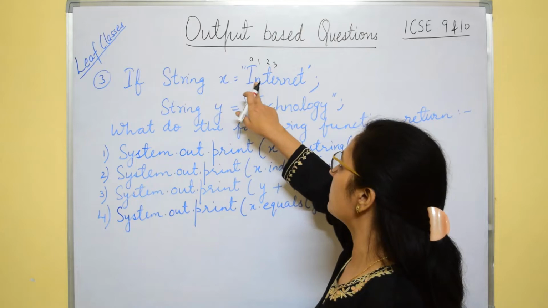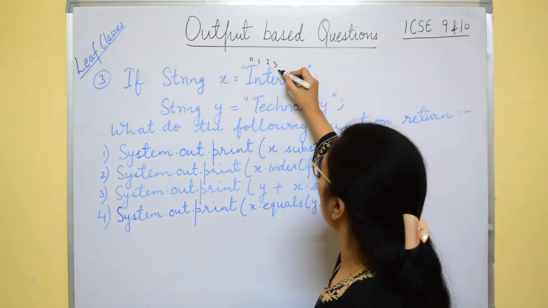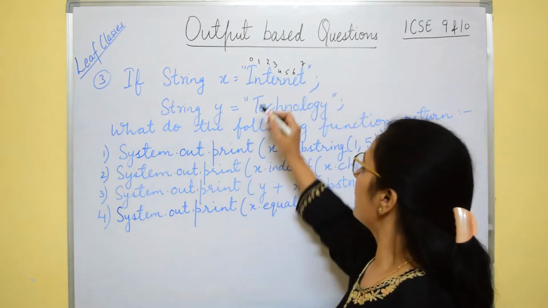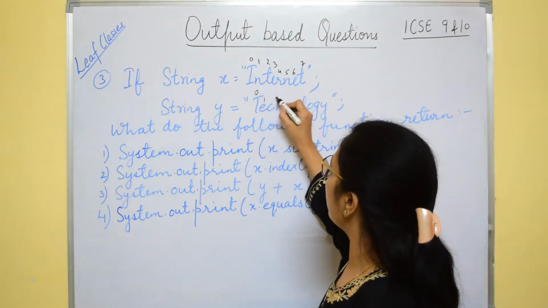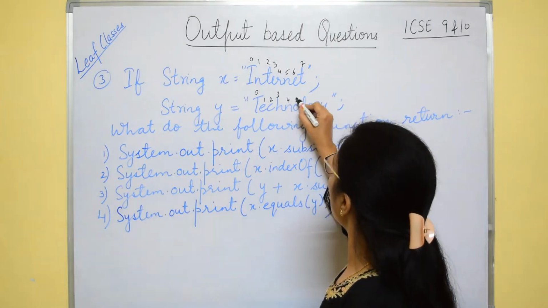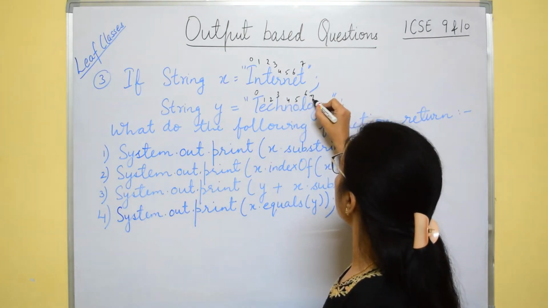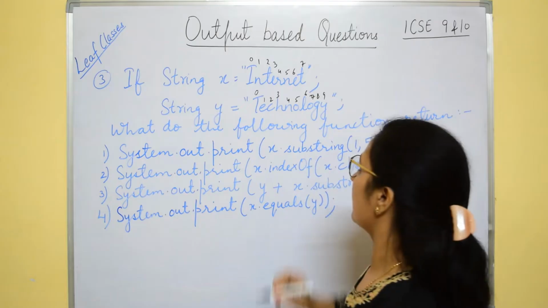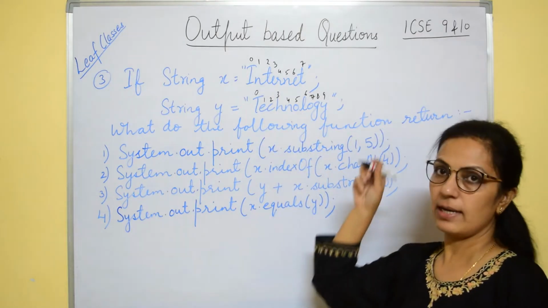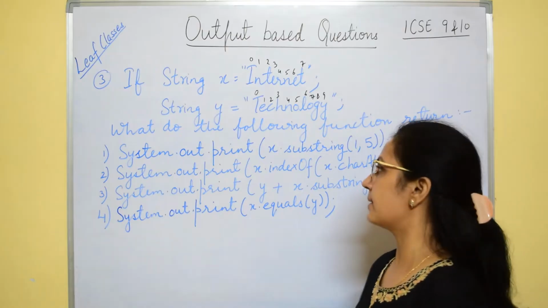It starts from 0, 1, 2, 3, 4, 5, 6, 7. Similarly here we may require the index numbers 6, 7, 8, 9, up to however many characters are there.